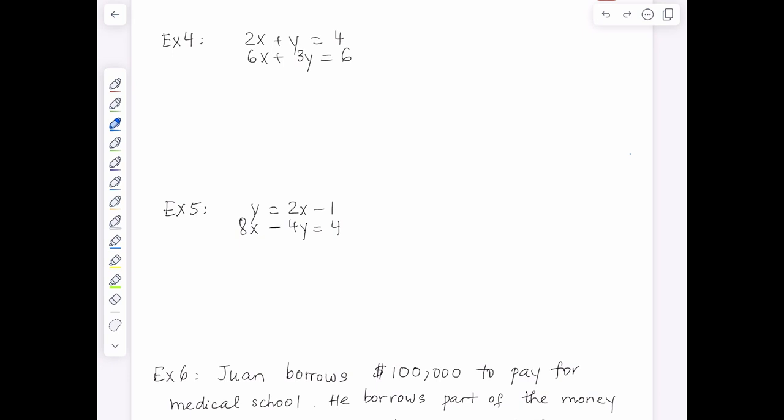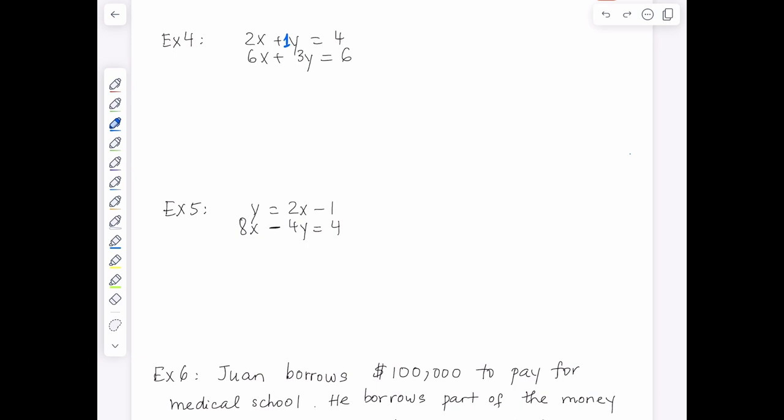Now we do need to pick which variable we want to eliminate. I can see that it will take the same amount of steps to eliminate either the variable x or the variable y. So let's say we want to eliminate the variable y. Right now, the coefficient for the first y is 1, and the coefficient for the second y is 3. Between 1 and 3, the least common multiple would be 3.